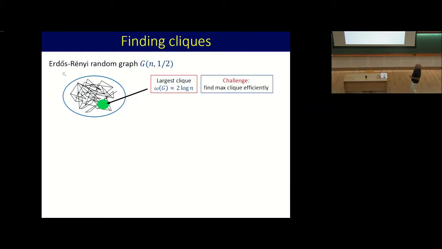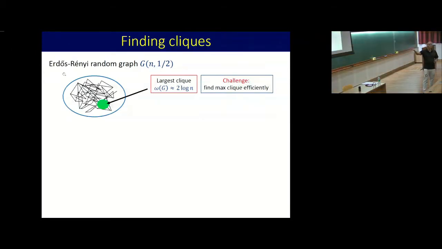Okay, and what's been a challenge in theory of computing and other topics, even statistical physics, is that people came up with various algorithms to try and find such a clique. Now we know that we can establish in 10 minutes that it exists. The second part is a little more complicated because you need to bound the variance and so on.